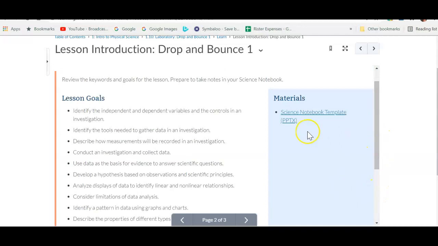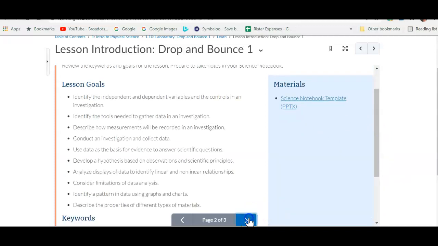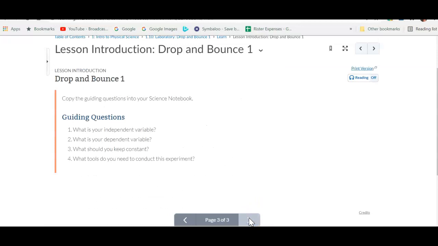The other thing that you want to be aware of on the next slide, it does have guiding questions here, so these need to go on the right side of your slide. You're identifying your independent variable. This is the thing that we are changing in the experiment.